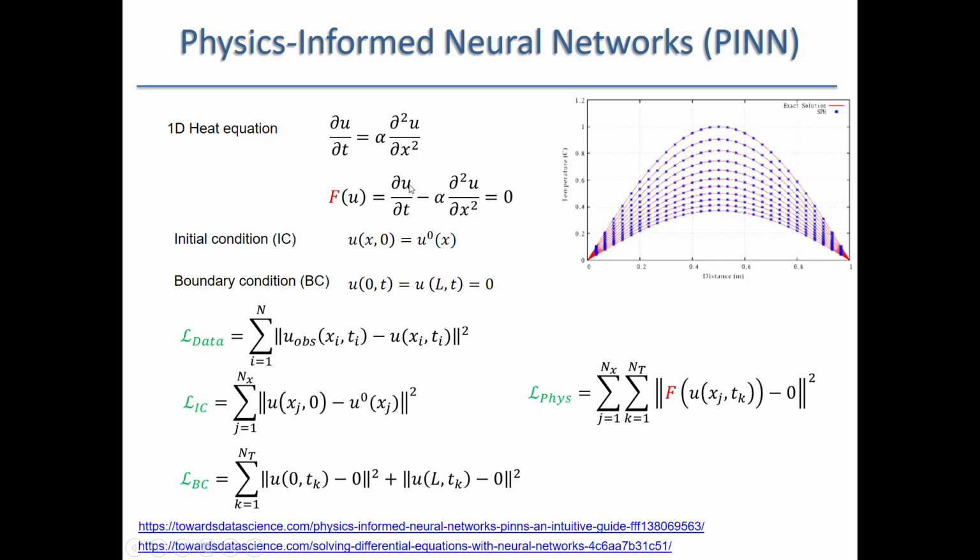So this f should be 0 at all times. In practice, as the neural network is learning, this f at some point, especially at the beginning, will not be 0. So it will have some residual, and then we try to force it to be 0. And we sum this for discretization of space and discretization of time. Here we have the same.